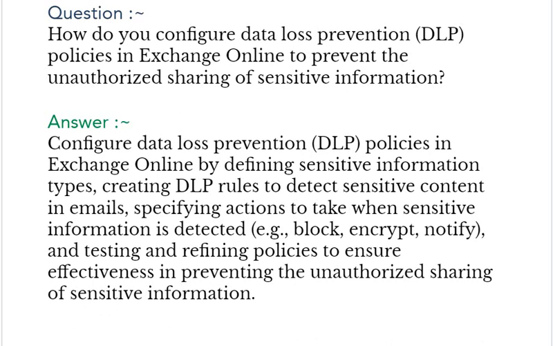Your answer should be configure data loss prevention DLP policies in Exchange Online by defining sensitive information types, creating DLP rules to detect sensitive contents in emails, specifying actions to take when sensitive information is detected, for example, block, encrypt, notify, and testing and refining policies to ensure effectiveness in preventing the unauthorized sharing of sensitive information.